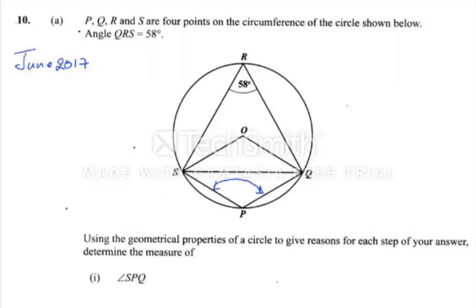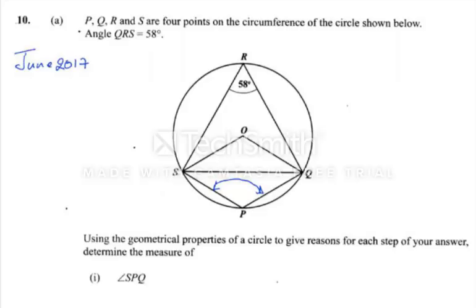Now, if you look carefully, you can see that PQRS is a cyclic quadrilateral. A cyclic quadrilateral is a quadrilateral in which all 4 vertices are touching the circumference. It is drawn inside the circle and all 4 vertices are touching the circumference.